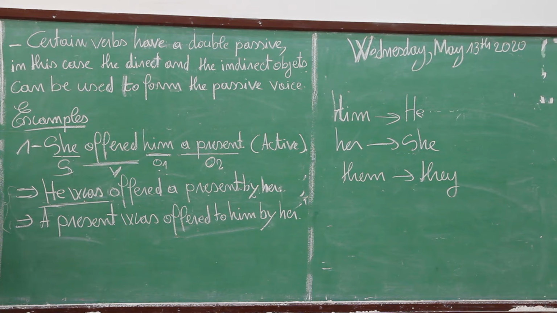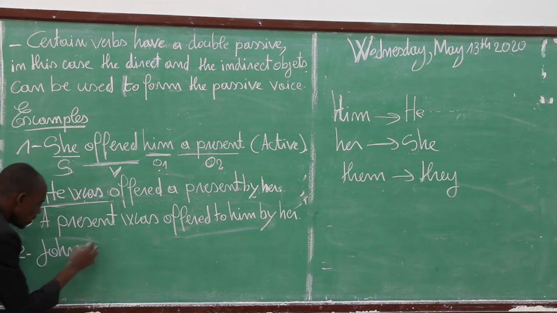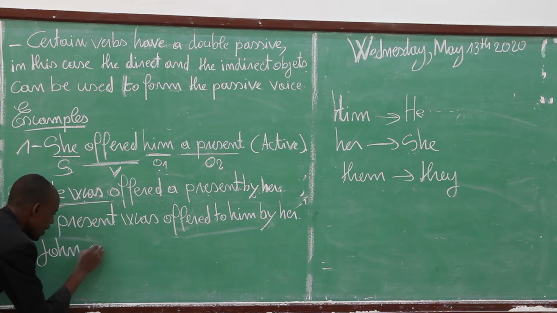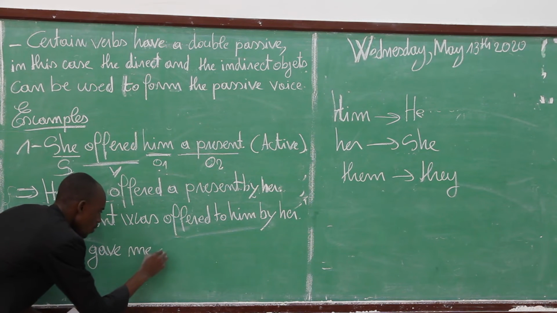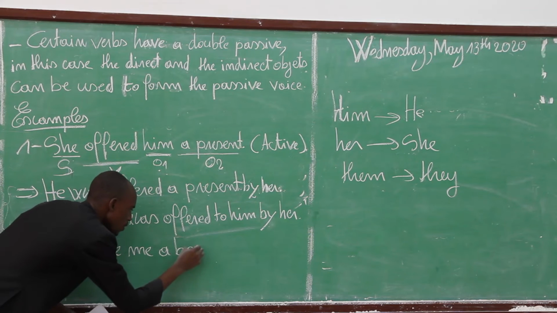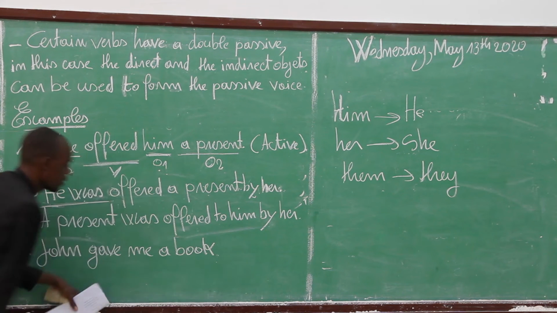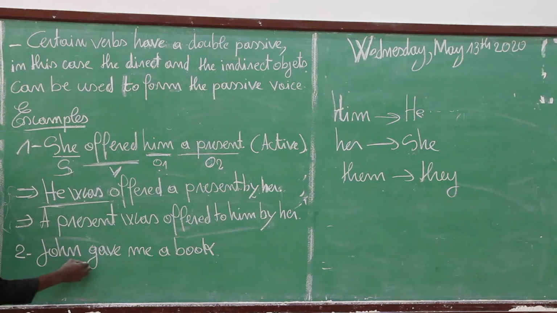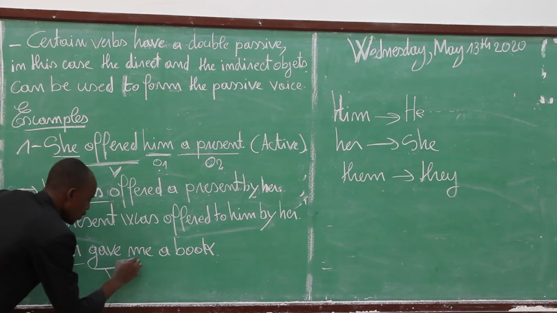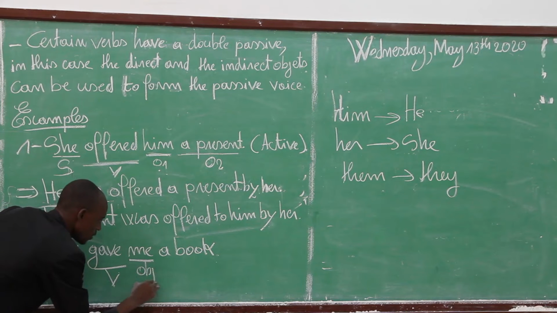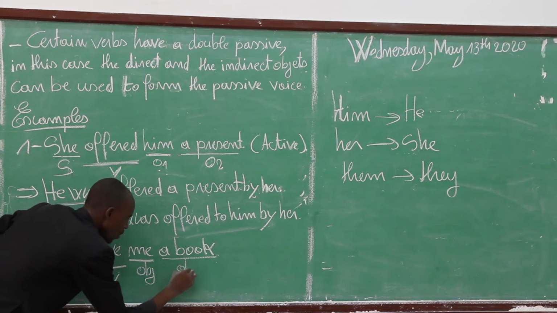I'm sorry. Yes, we have two. Yes, John gave me a book. Yes, we have subject, verb, object 1 and object 2.